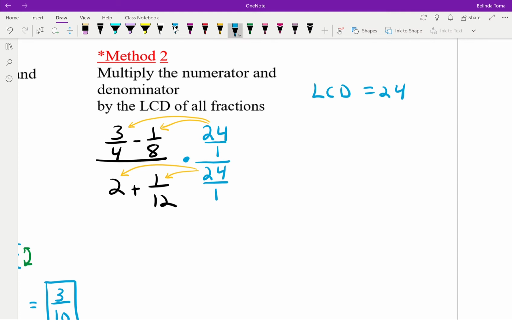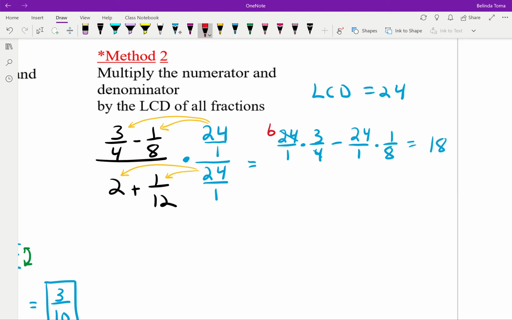So when I multiply 24 times 3/4, I get 24 over 1 times 3/4 minus 24 over 1 times 1/8. And of course, there's going to be cross-canceling that happens here. So I'm going to end up with 6 times 3, or 18.